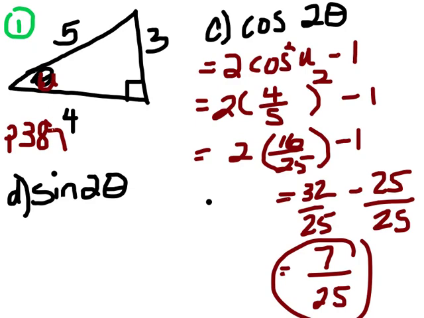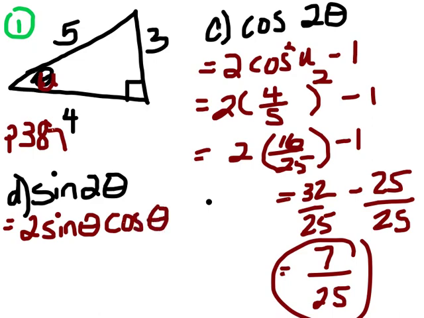We just picked a formula, and if you want to make it easier on yourself, pick one that just has the cosine in it, or just the sine, so you don't have to figure out two of them, even though you'd have them if we had done A and B. All right, D, sine 2 theta. We don't get choices on this one. It's 2 sine theta cosine theta. I'll just use theta since that's what we have here.